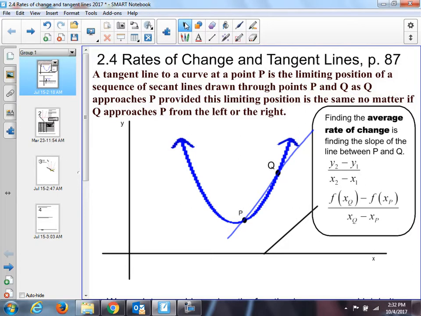Then, as Q approaches P, I move it in a little closer, and this is going to be closer to what the actual tangent line is. Now as Q approaches P, I move Q in closer here, and then I draw the secant line.